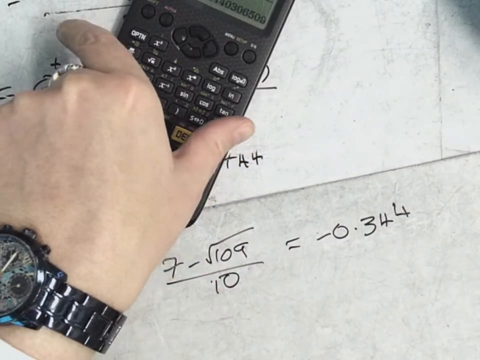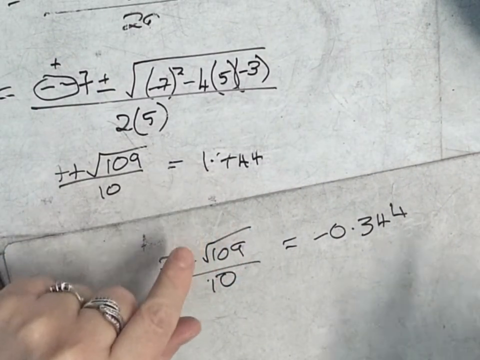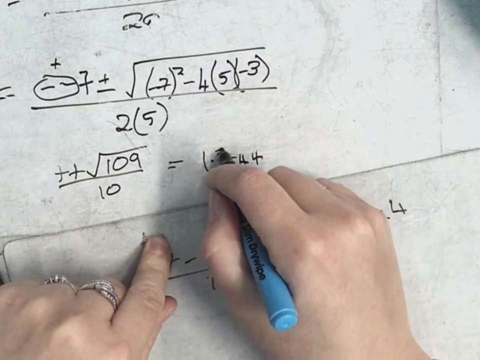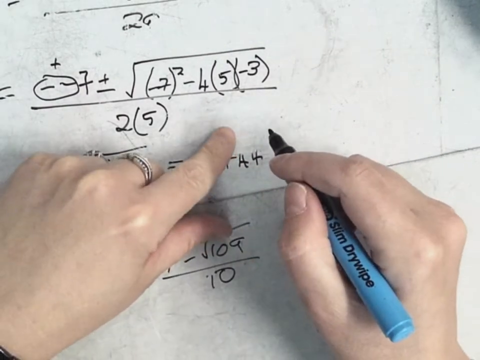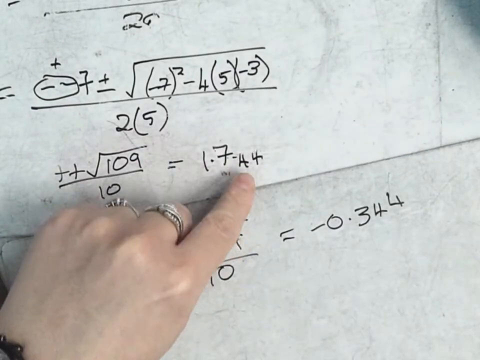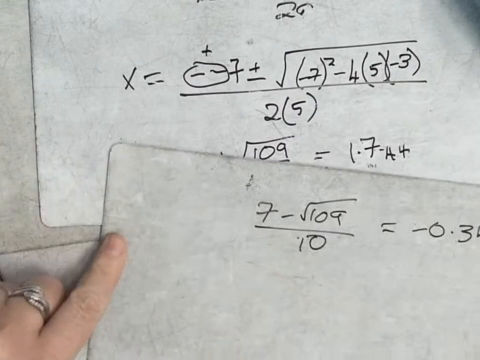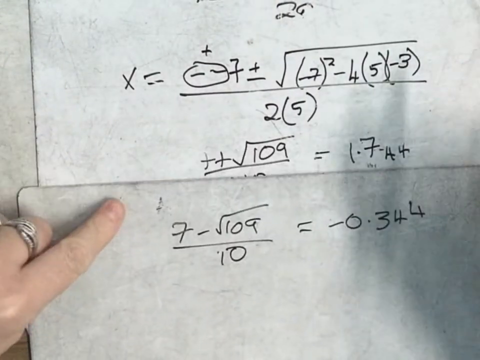So you know the way in the sums I was doing last night, I got 2 answers. How many answers did I get here? 2. 1.744 is one answer and minus 0.344 is the other answer. Do we want to call this example 1, please?